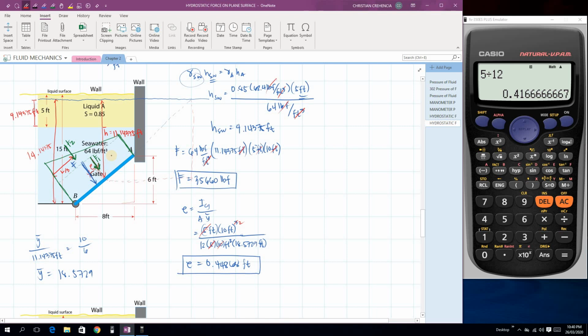Okay, so, paano natin kukunin tong height na to? And ano itong triangle? Paano natin makuha tong sa triangle? Okay, kumbaga, dinivide natin into components yung ating force. Okay, so, solve natin yung pressure do sa may point A. So, yung pressure sa point A is equal to, yun pa rin, gamma H bar, gamma H, gamma times height, unit weight, 64 pound force over cubic foot, multiplied by depth.